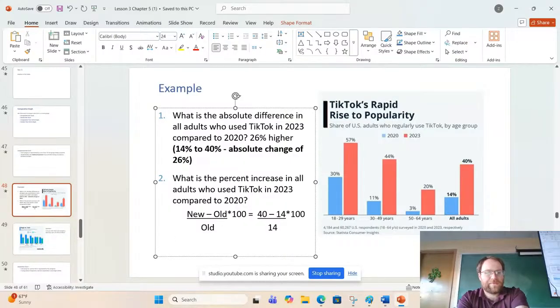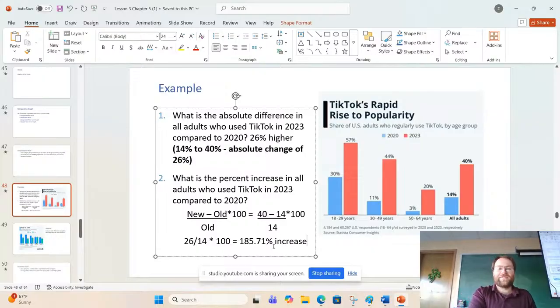Which will be whatever 26 over 14 is, times 100. So 185.71% increase.